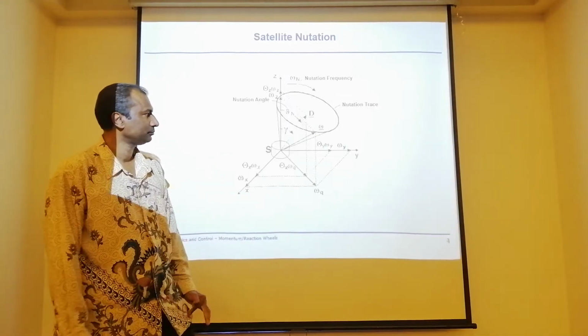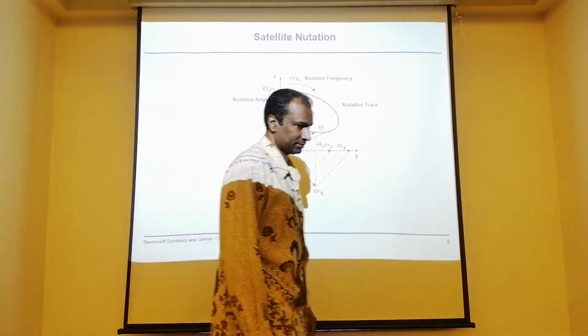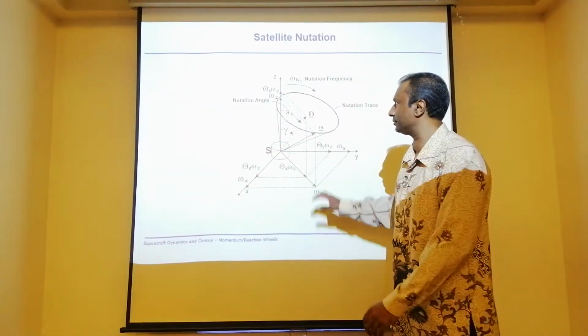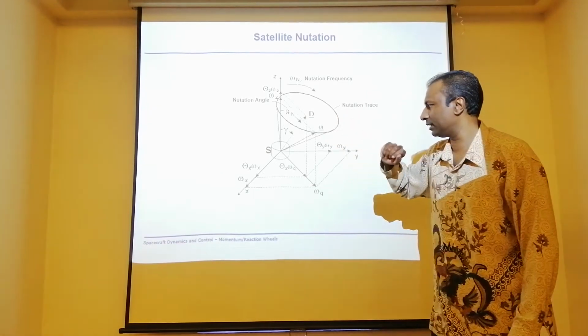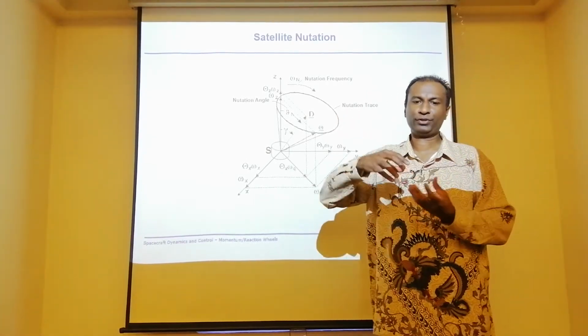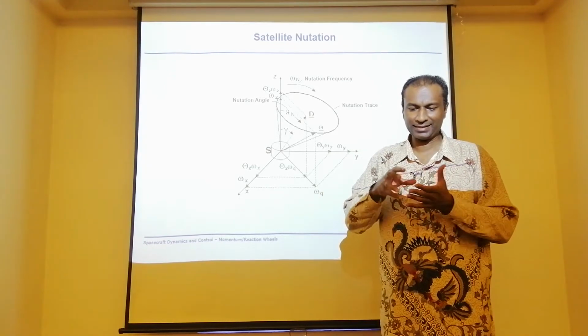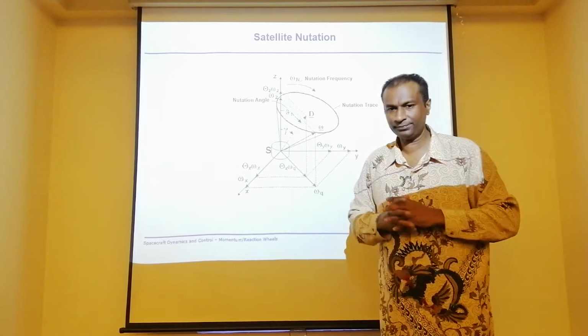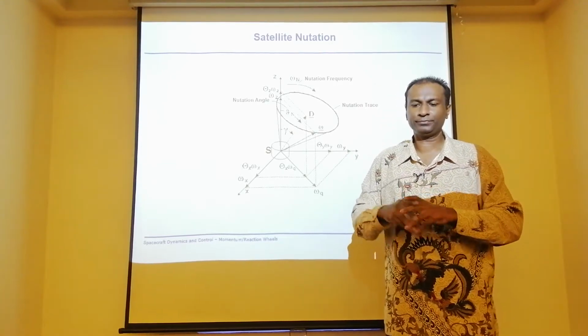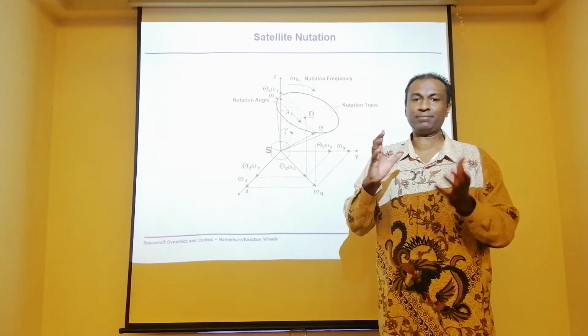Okay, now this is just the explanation: nutation. Why does nutation happen? More often than not, after the satellite has been injected into orbit, it takes some time before it can stabilize.